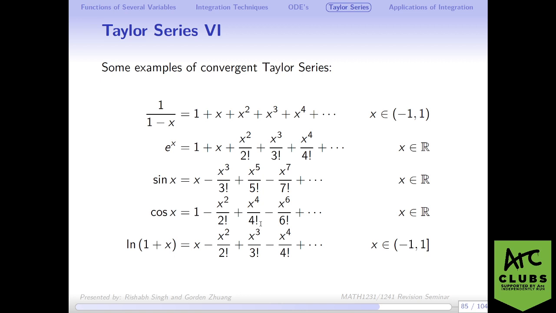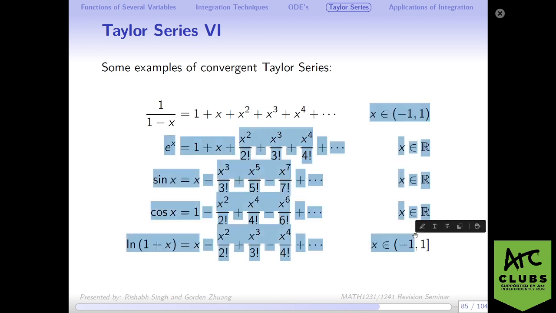So here I have some examples of Taylor series. This is also from the course notes, but this is useful because finding these terms is a bit of work. So if we can jump to these ones that we already know, then it saves a lot of work, basically. So notice how there are restrictions on where we can approximate them.